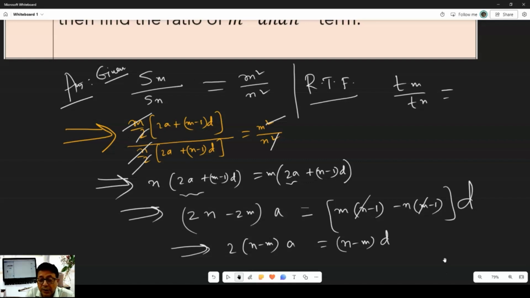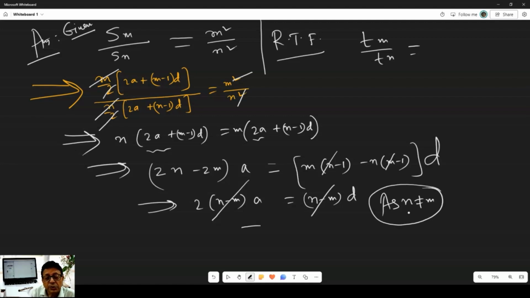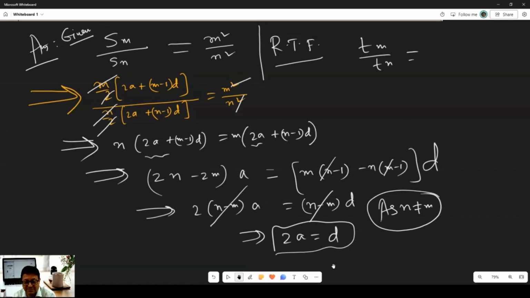What is the advantage? What have you got? Can you see something? You have the right to cancel it as n not equal to m. So this implies that twice a equal to d. Done? So by using the given information, I got this thing, 2a equal to d.